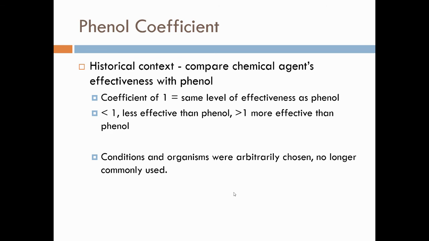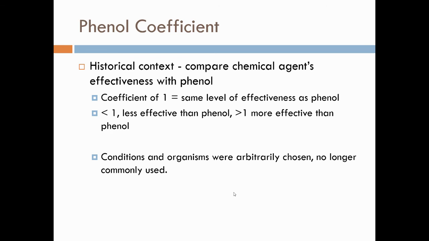So this coefficient is a ratio. Right? So 1 means it's a 1-to-1 ratio. It works in this amount of time, phenol works in this amount of time to do the same work. If it is less than 1, then that means it's less effective than phenol. If it's greater than 1, it's more effective than phenol.